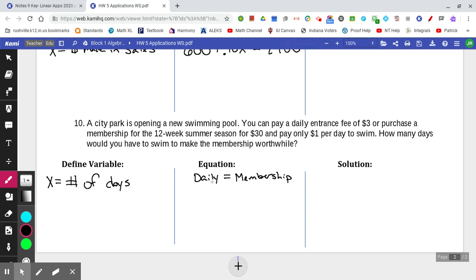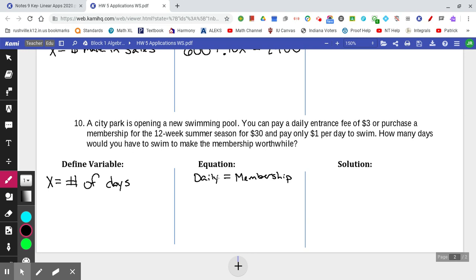When those two values are equal, obviously it wouldn't matter if you purchased the membership versus paying daily. But before that amount, your daily is going to be cheaper. And after this amount, your membership's going to be cheaper. If you're only going to go for 1 day, hopefully you can see that paying $3 would be a lot better than paying $31.